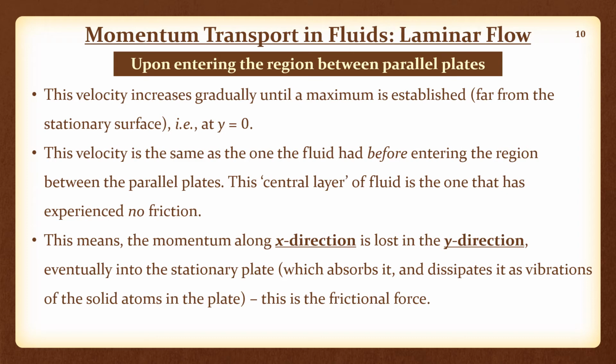This basically means that you have a velocity profile like this, with the next layer at a slightly higher velocity, and so on. Now you have essentially flow instead of mere motion, and you have a velocity profile. In either case, the momentum along one direction is lost in the perpendicular direction.